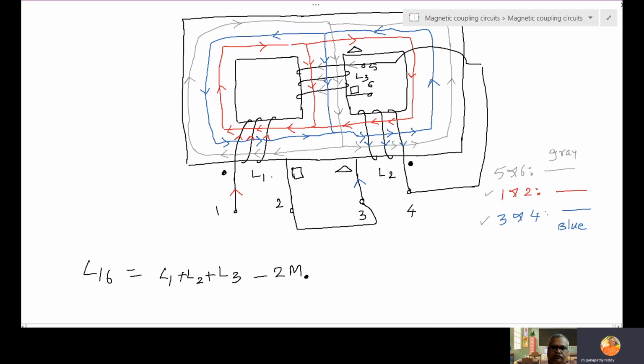Then 3, 4, 5, 6: what do I have to observe? The triangle. Apply the dot rule on the triangle. The current is entering at the triangle, and again entering at the triangle, therefore plus 2M triangle.